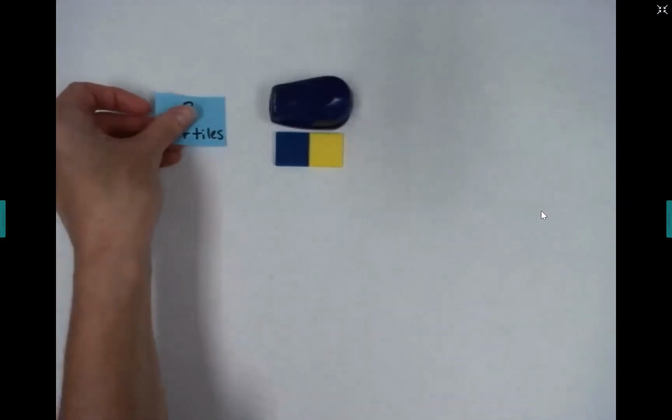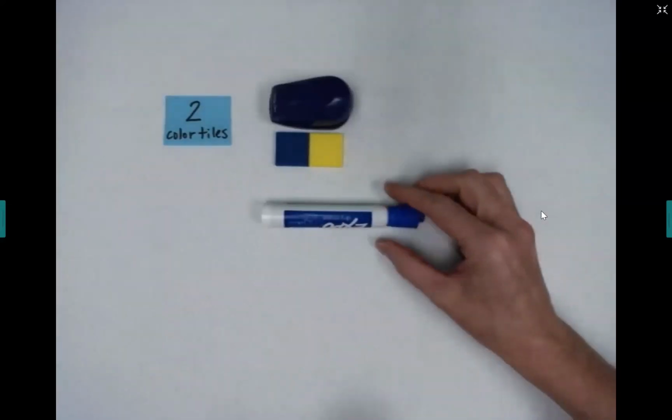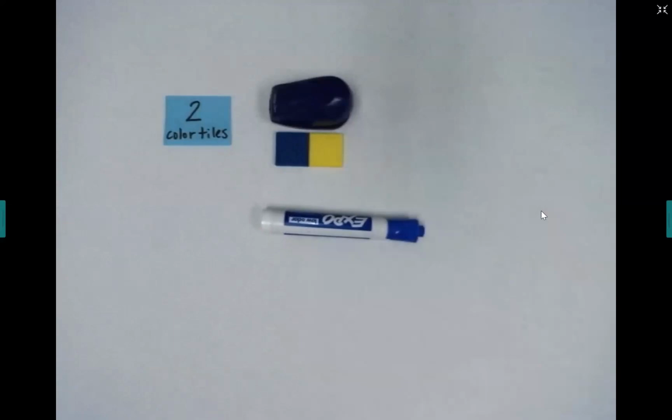Okay, so I'm going to go ahead and label that right beside my stapler, because not only do first grade students measure the length of one object, we also can measure in order to compare and order up to 3 objects. So here's another common classroom object right here, an expo marker, that I'm going to use the same units.